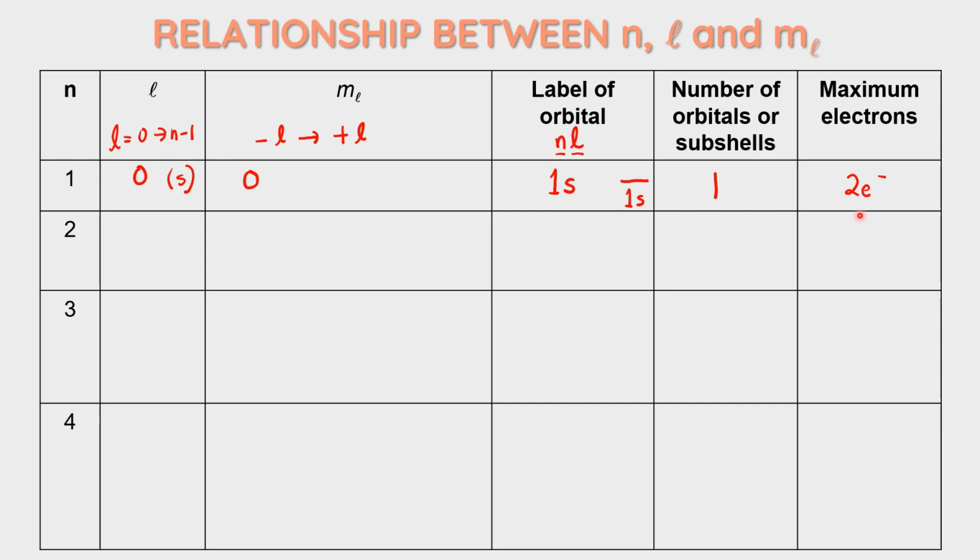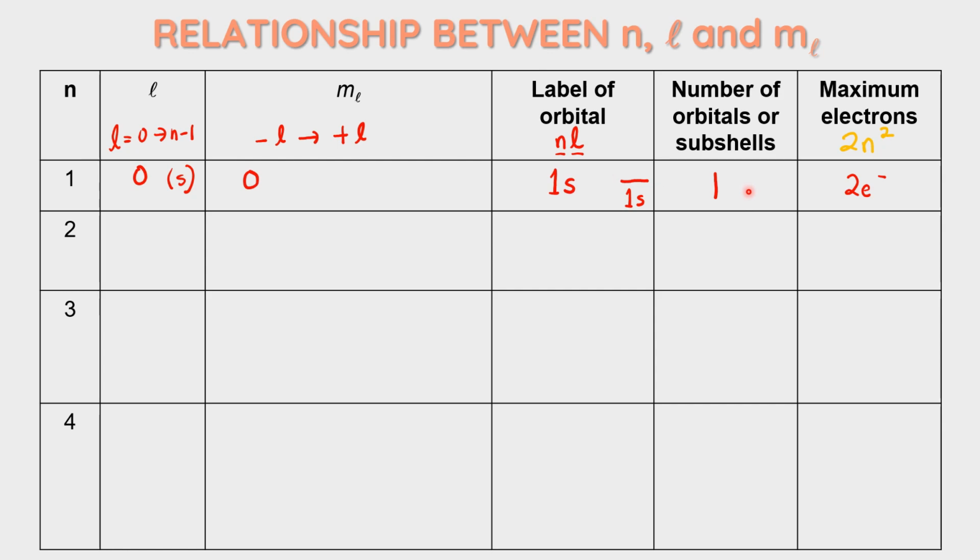Okay, so to get the answer for this maximum electron, you can also relate with this formula, 2n squared. So by knowing then the value of n here, which is 1, you can get the same maximum number of electrons in 1s orbital. So there are two ways to identify the maximum electrons in orbital, and in energy level.